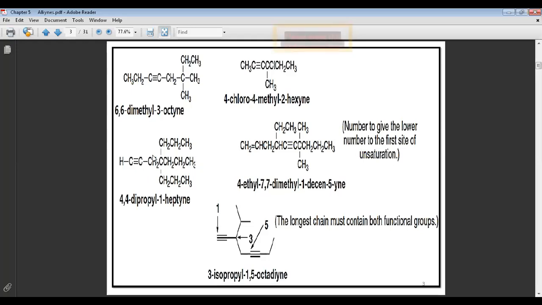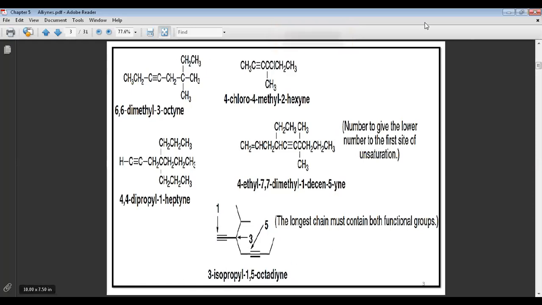The unsaturation side, the triple bond and the double bond, takes the lower number. Also like this: 1, 2, 3, 4, 5, 6, 7, 8. Octadiene, meaning the diene is on carbon number 1 and carbon number 5, and we also have a 3-isopropyl substituent.